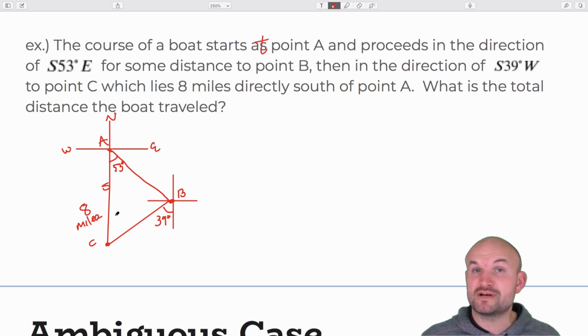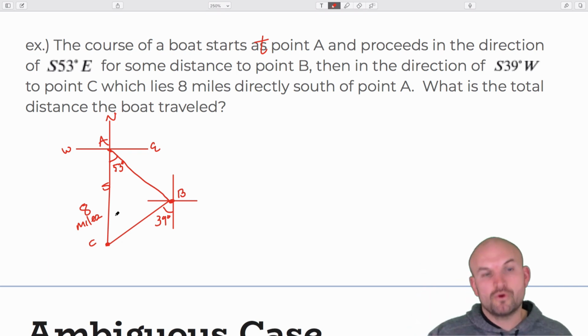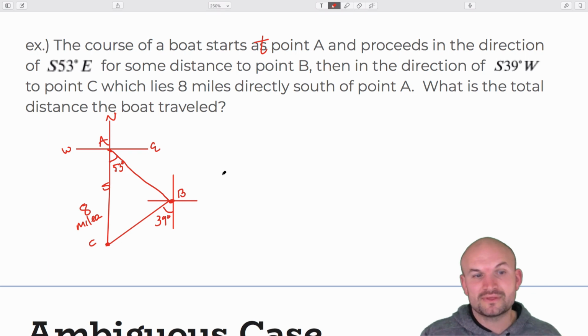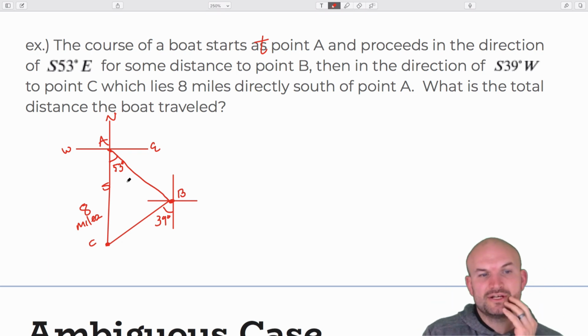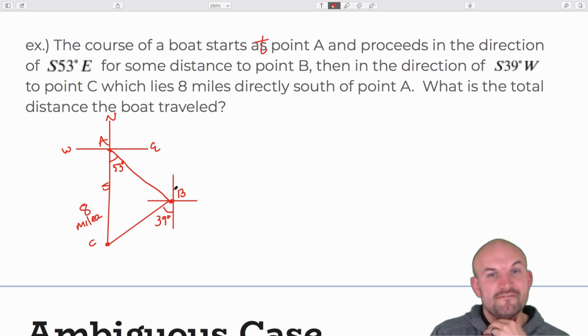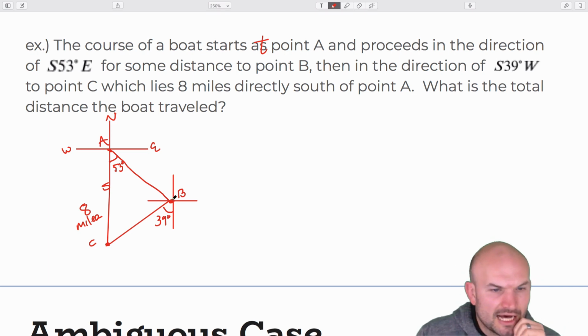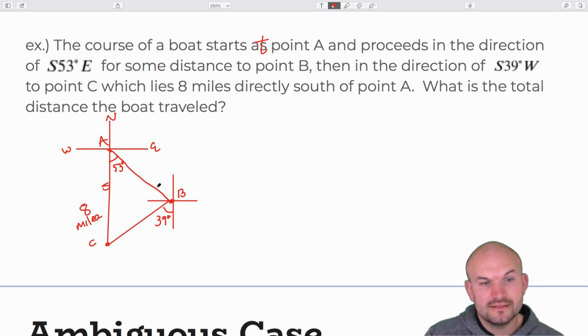Remember, parallel lines and a transversal: alternate interior angles, corresponding angles, alternate exterior angles. All of those can come about. So if these two lines are parallel and I have 53 degrees here, then alternating on the other side of this transversal makes that 53 degrees. Now, that's not inside the triangle, but I recognize that it could still be helpful.